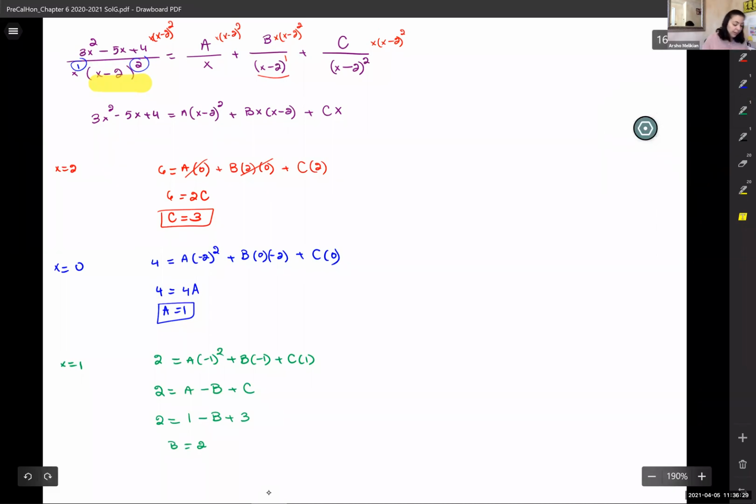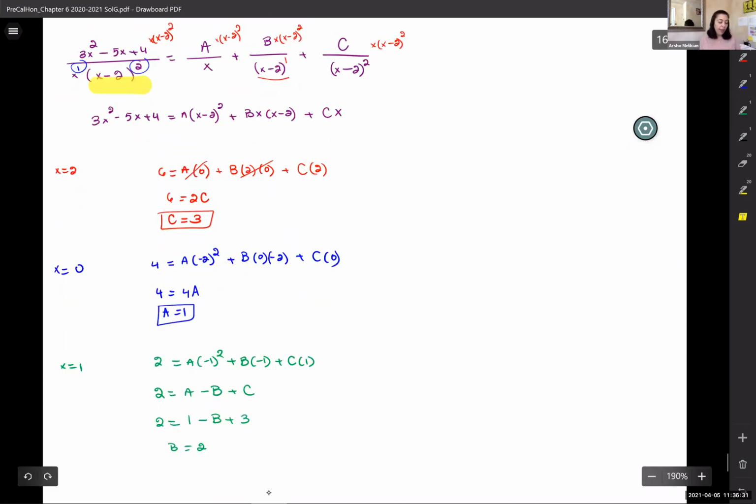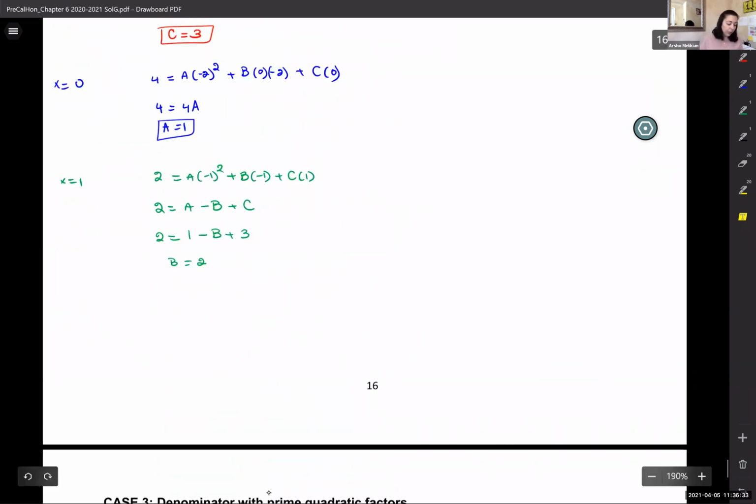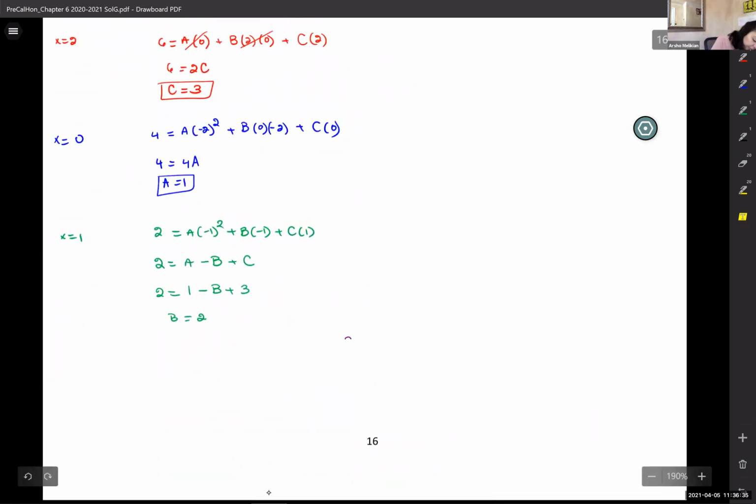So what is this entire fraction equal to then? That big fraction was equal to something over x plus something over x minus 2 plus something over x minus 2 squared.